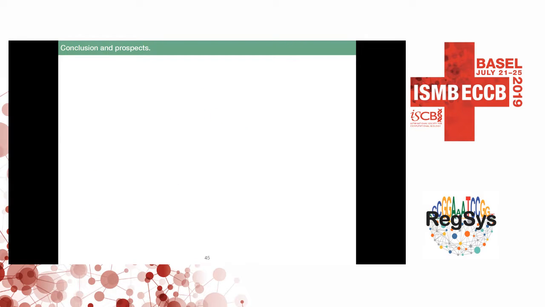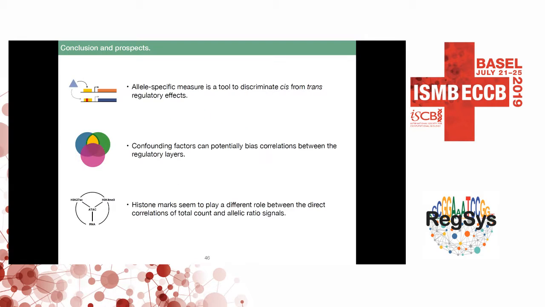So just for the take-home messages about that, the allele-specific data is a very useful tool to look at cis effects and at the same time minimize the potential trans effects you can have in your dataset. And using partial correlation analysis is a very useful application also to get rid of indirect correlation.